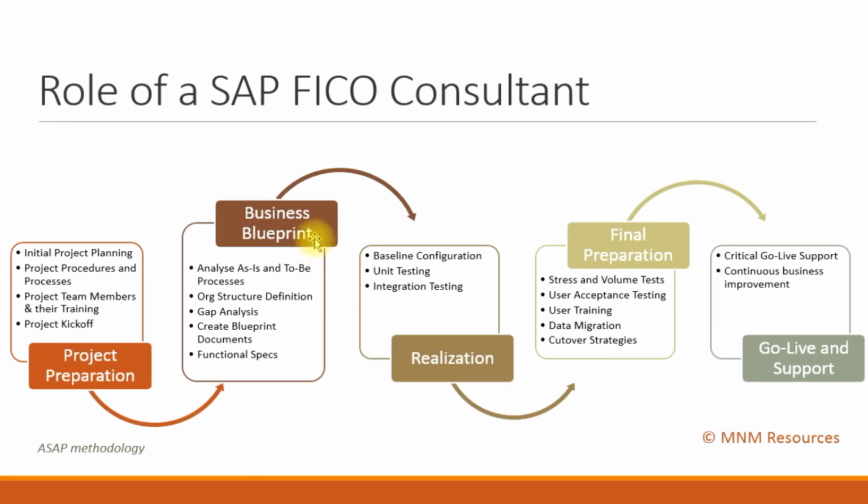The next stage is very important, and I would say one of the most critical stages, is the business blueprint. This is the design of your whole SAP implementation. So in business blueprint, you're going to discuss with the users and analyze what the current system is doing and how you want to go forward in SAP.